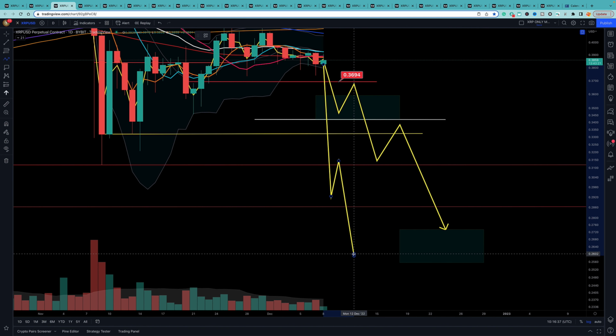If that happens, on the daily, the 20 MA should take a turn down, yeah. So the 20 MA, this pink one, should take a turn down. So if the 20 MA takes a turn down tomorrow, the 10 MA on the 2-day takes a turn down, that should create the push down.